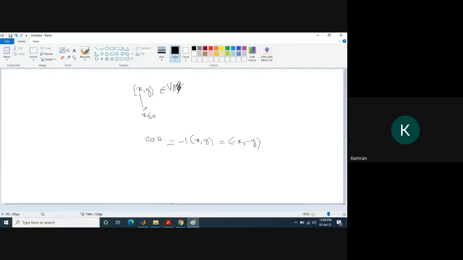Now, if x is less than or equal to 0, then -x will be greater than 0. So will it belong to V?